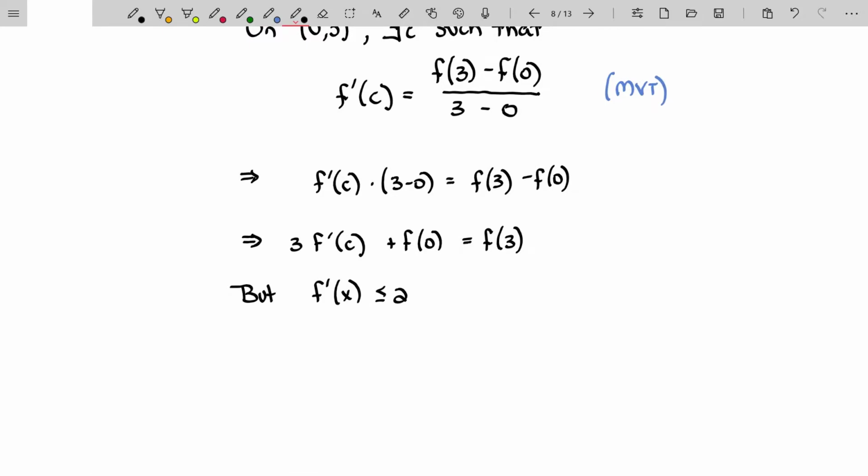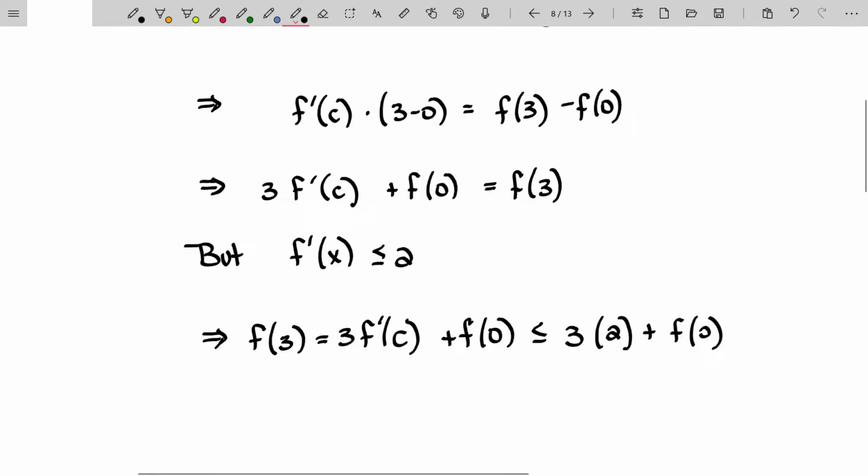Now I find that this is probably better written as follows. I'm going to say f of 3 is equal to 3 times f prime at c plus f of 0. But we know that f prime at c is less than or equal to 2. This is like a substitution, essentially.